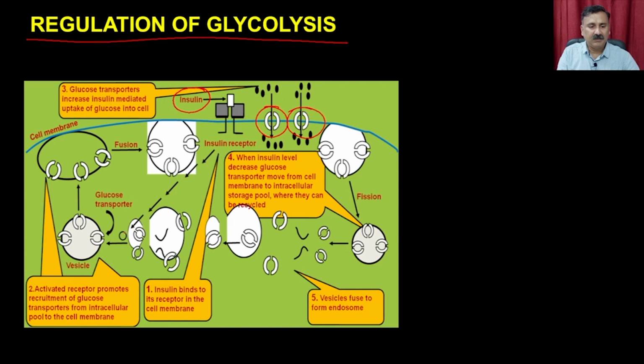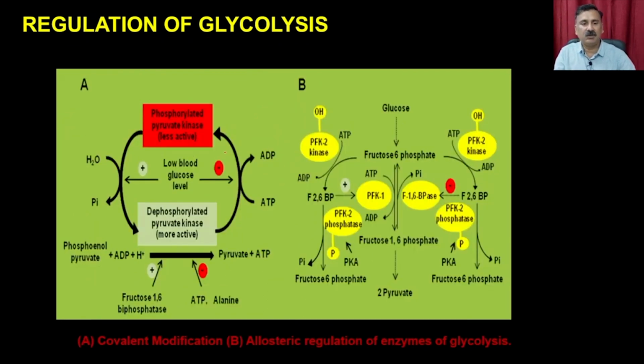The second is enzymatic control, and the enzymatic control can be by some of the crucial enzymes. For example, one of the crucial enzymes is pyruvate kinase, which can be present in 2 forms. One is called the phosphorylated form, the other is called the dephosphorylated form, and the dephosphorylated form is more active compared to the phosphorylated form.